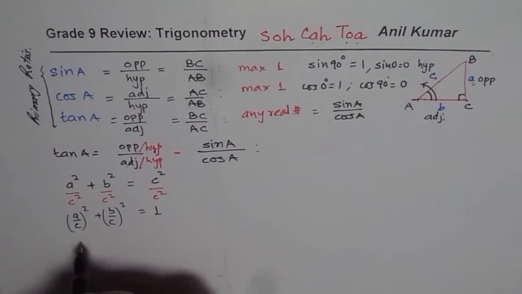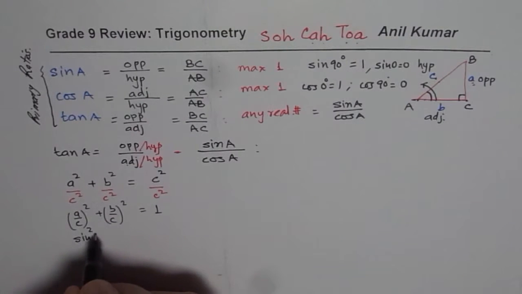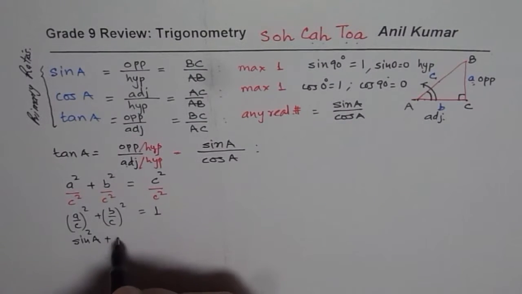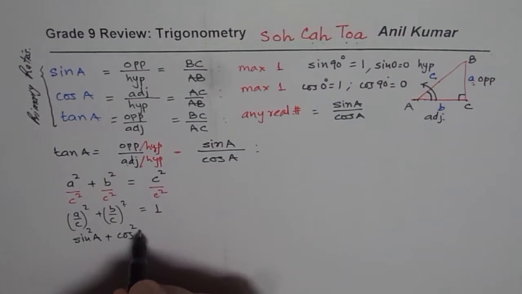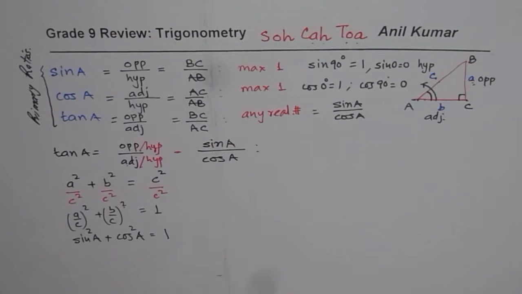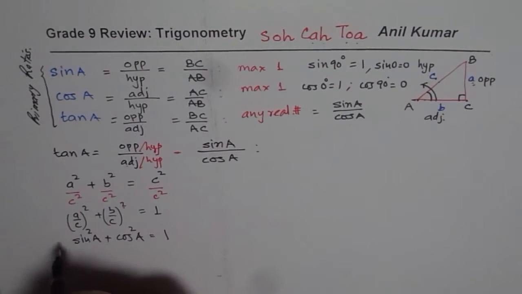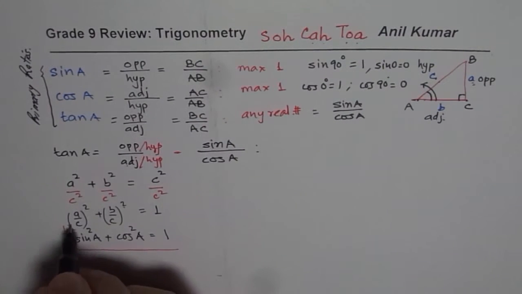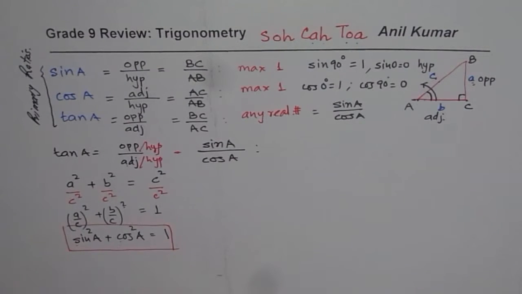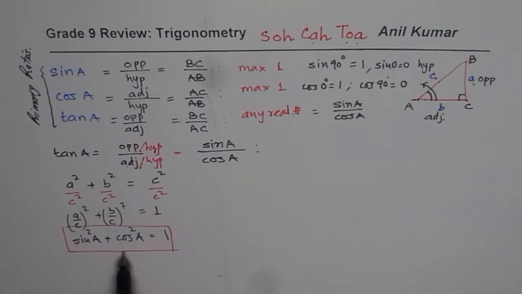Sine A, right? So we get sine square A plus adjacent over hypotenuse squared, which is cos square A, equals 1. Also note how we write sine square A and cos square A: sine, cosine are lowercase and the square is written like this. That's an identity: sine square A plus cos square A is always 1.